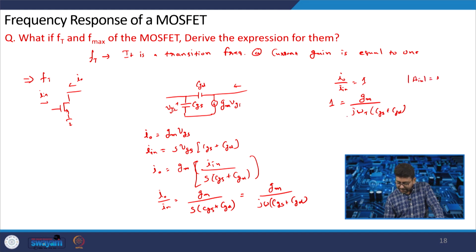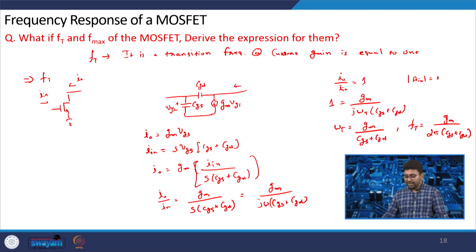So, here the absolute gain is 1, so we can take the modulus of this. So, omega T is given by GM by CGS plus CGD. If we write in terms of FT, that is GM by 2 pi into CGS plus CGD. So, this is the transition frequency, and FT depends upon the transconductance GM, the gate to source capacitance CGS and the gate to drain capacitance CGD.